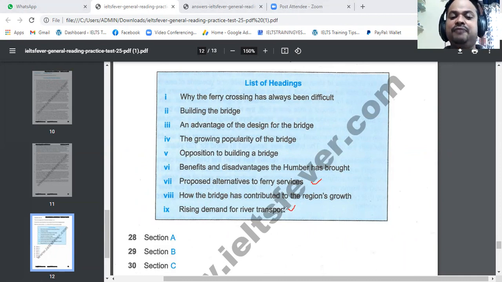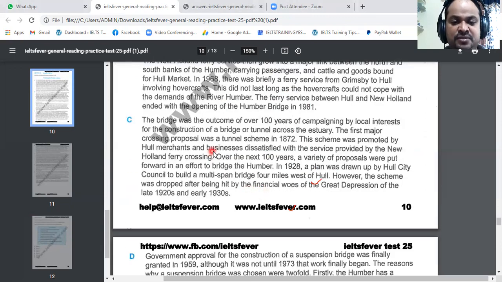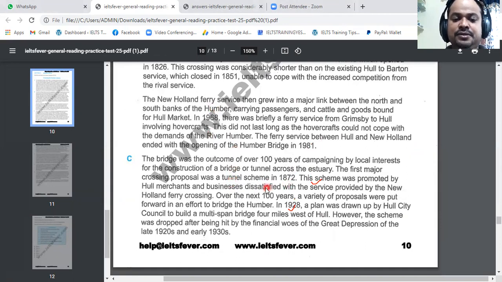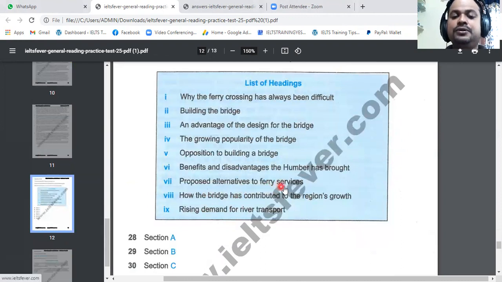Is it the rising demand for river transport? No. I do have the ferry services there, so I am looking for the alternatives for that. There was ferry services, okay? So the alternatives were a tunnel and other things. So I have got the answer: proposed alternative to ferry services. Okay.